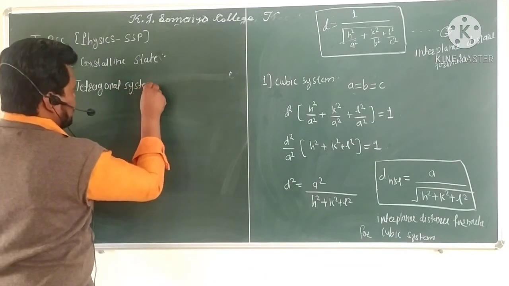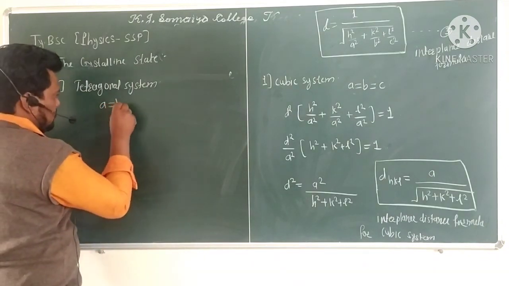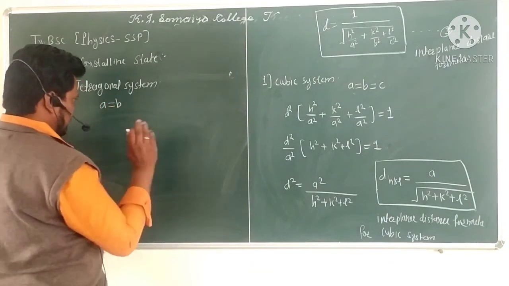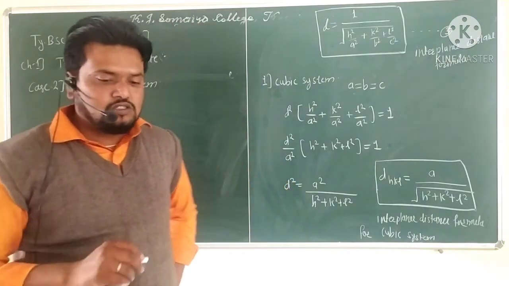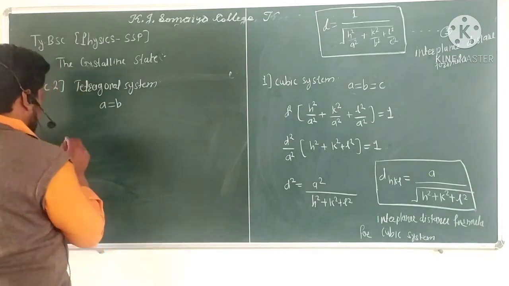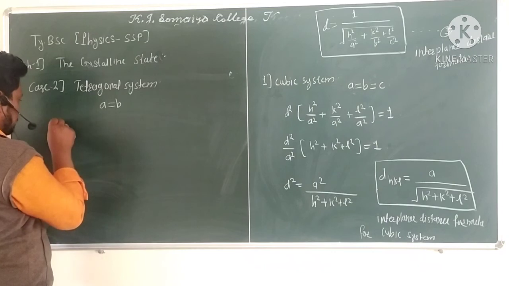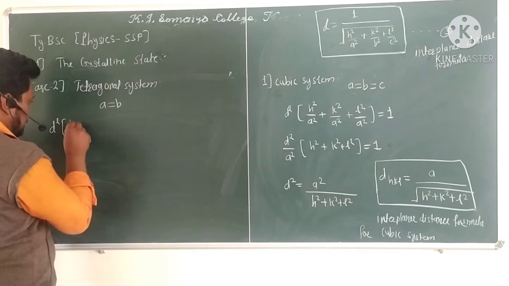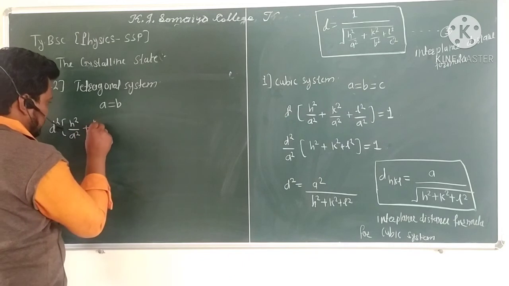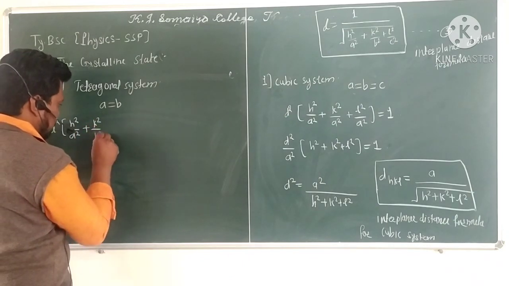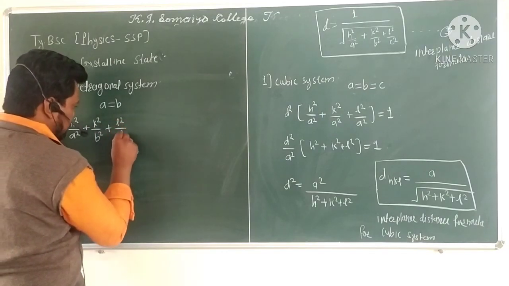In this tetragonal system, two sides are equal, the same length, and the third side is different. So in this above equation, we have 1 upon d square is equal to h square upon a square plus k square upon b square plus l square upon c square.